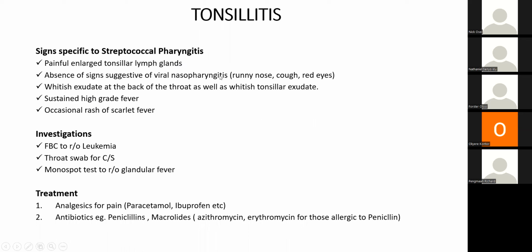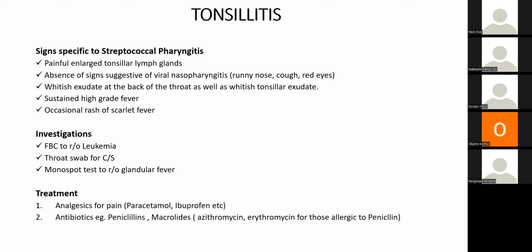So if it is a typical bacterial tonsillitis, from a pharyngitis, sorry, if it is from a streptococcus type of organism causing that tonsillitis, you are expected to have certain signs that are not viral in nature.